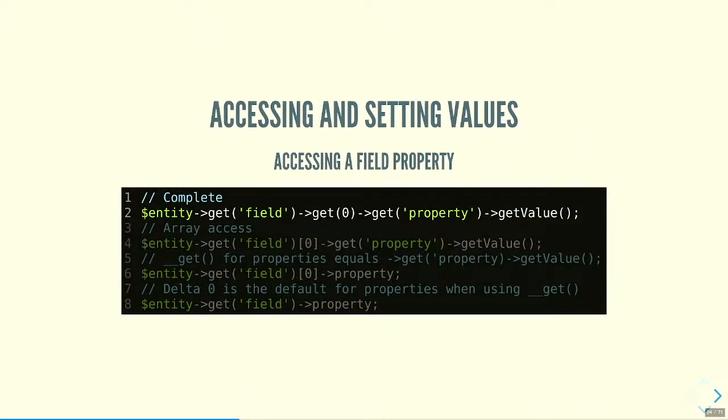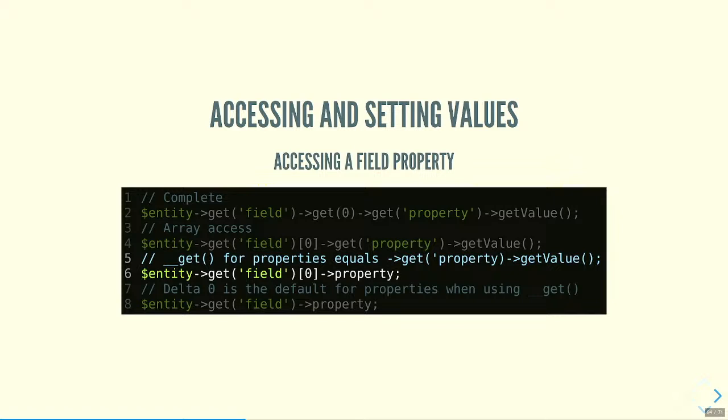What's more interesting and more often used is working with that data. So the fully expanded complete version is this line. You have an entity, you get the field, you get the first item, you get the property you want to work with, and you get its value. You can simplify that with array access. So instead of get 0, you can do an array access, and you can simplify it quite a bit more with the magic get method.